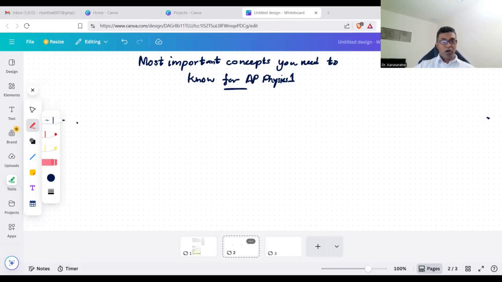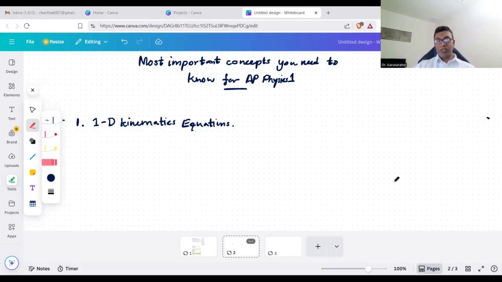The first concept that you need to know is kinematic equations. One dimensional, so I'll write 1D kinematic equations. These equations basically describe motion.